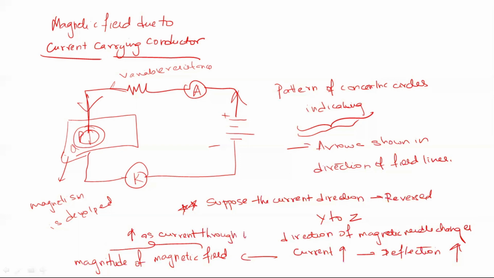So what we can understand is, if the current is increased, the magnetic lines of force also increase. Tomorrow we will discuss the right hand thumb rule.